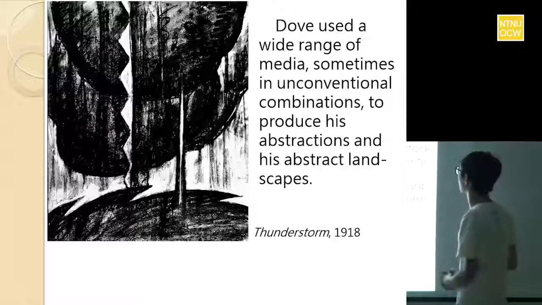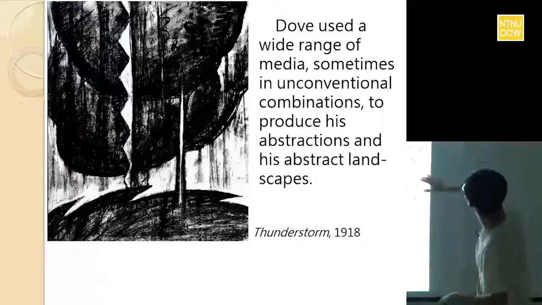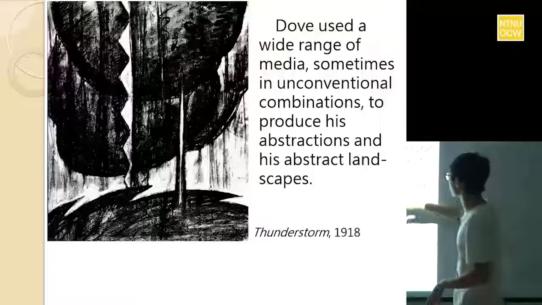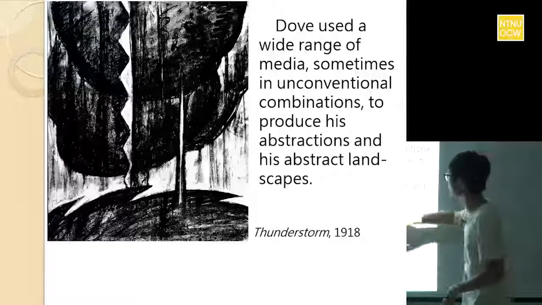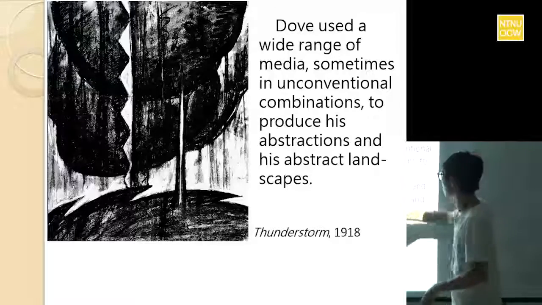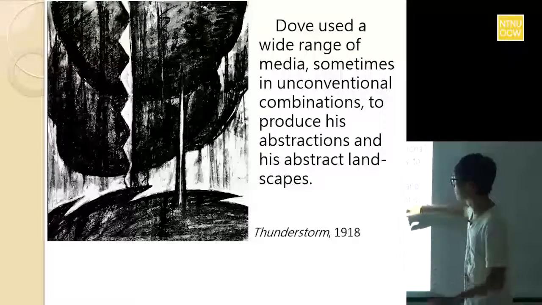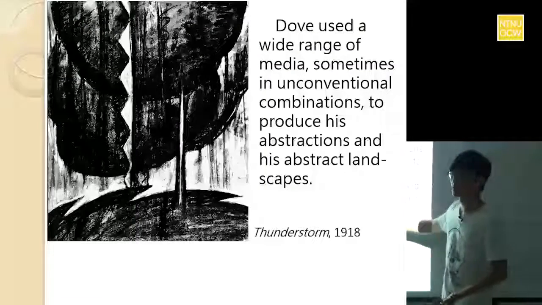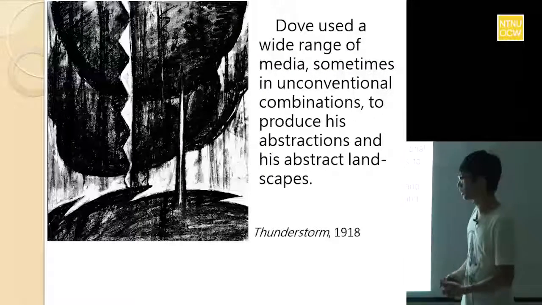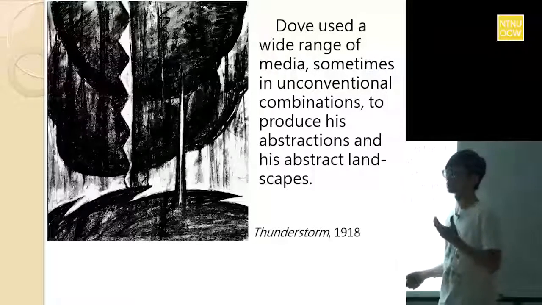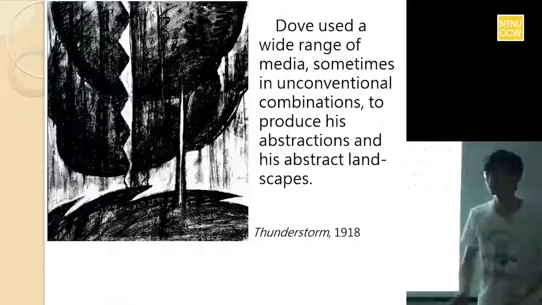So Dove used a wide range of media, sometimes unconventional combinations, to produce his abstraction and his abstract landscape. So you can know the artist very much loved landscapes. He always expressed landscapes with abstract technique.